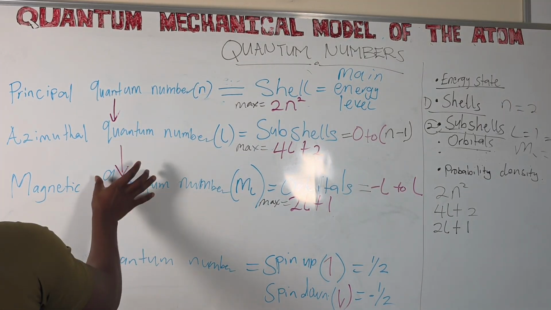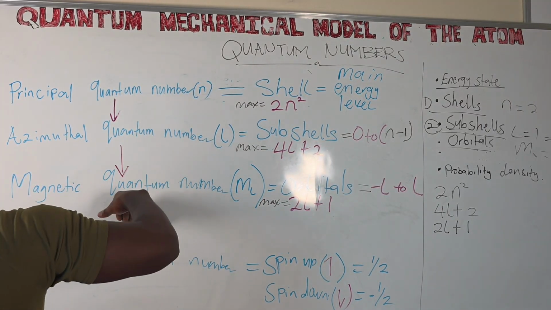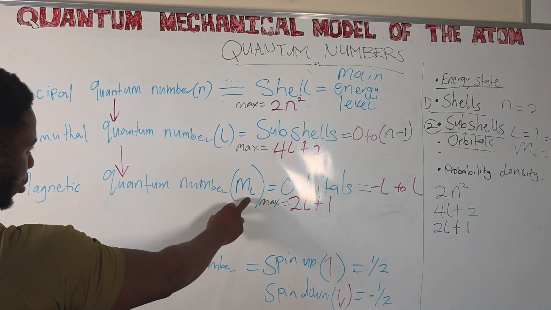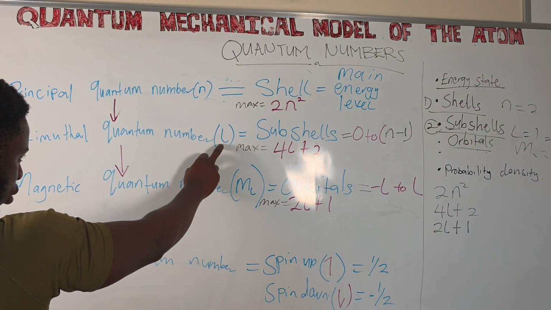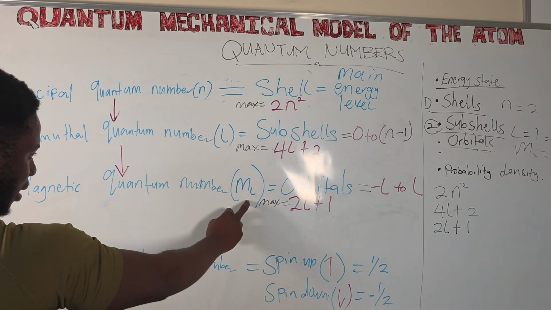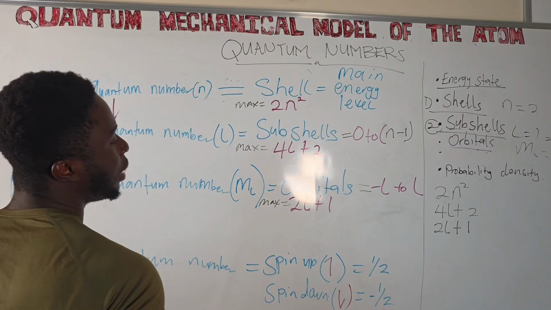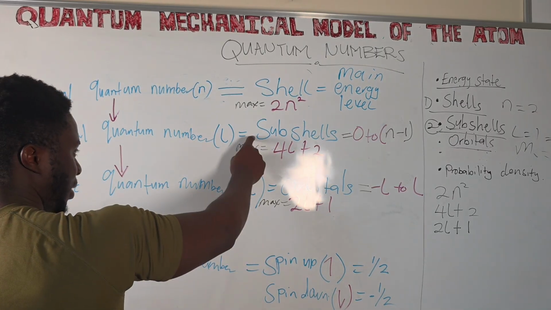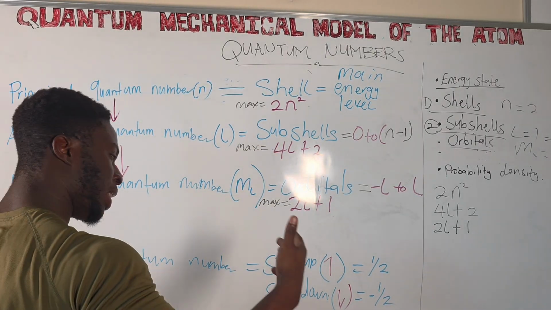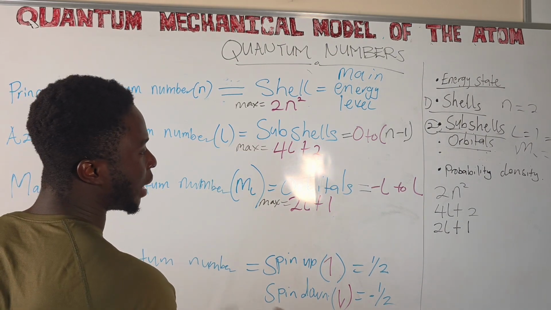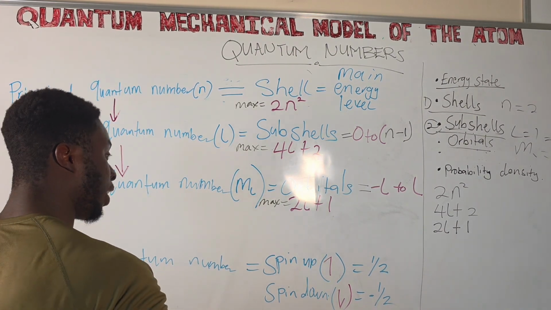Now, from the azimuthal quantum number, the magnetic quantum number is born. It is demarcated by m subscript L, L because of the angular momentum quantum number over here. And what are those? Those are the orbitals. And how do we derive them? They are derived from this, right? We take their value and count from its negative counterpart till we get to that value, with 0 included.